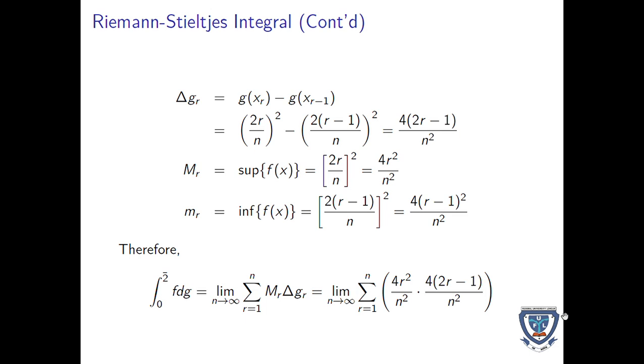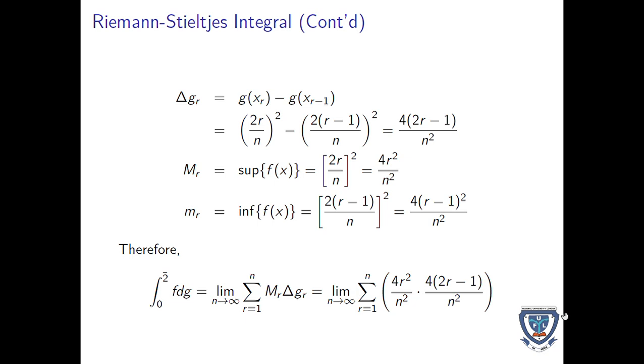Now, the difference in g, when you do it properly, you're going to get 4 times 2r minus 1 all over n squared. And capital M_r will be the supremum of f(x), which will give us 4r squared over n squared. Small m_r, which is the infimum of f(x), will give us 4 times r minus 1 squared all over n squared.